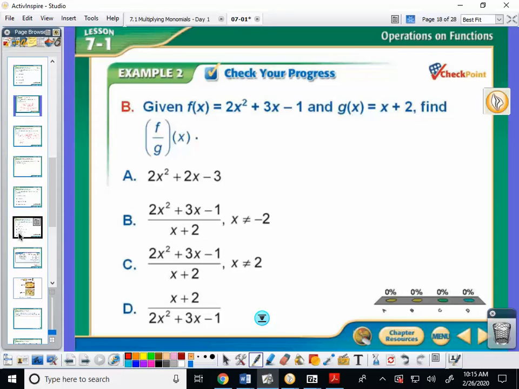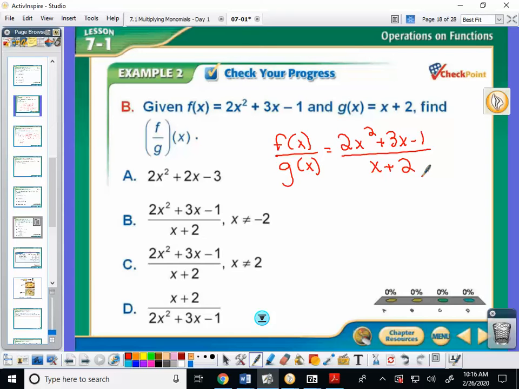So on this one, if we set up our division, we're going to use f of x divided by g of x. So f of x is 2x squared plus 3x minus 1 divided by g of x, which is x plus 2.